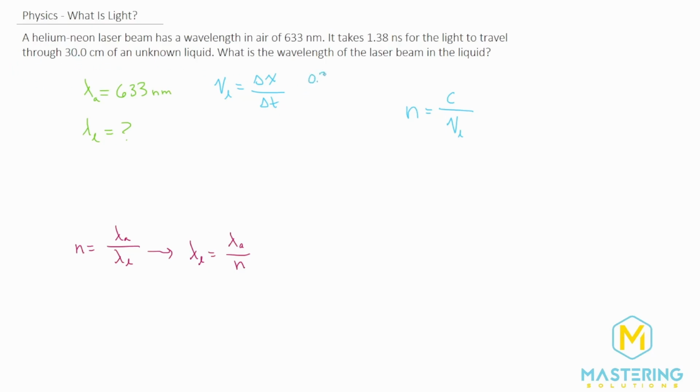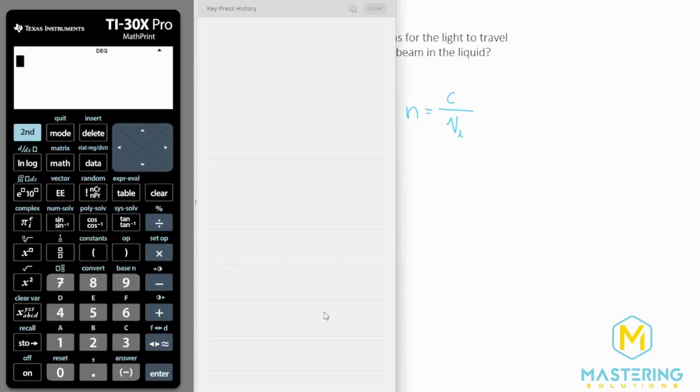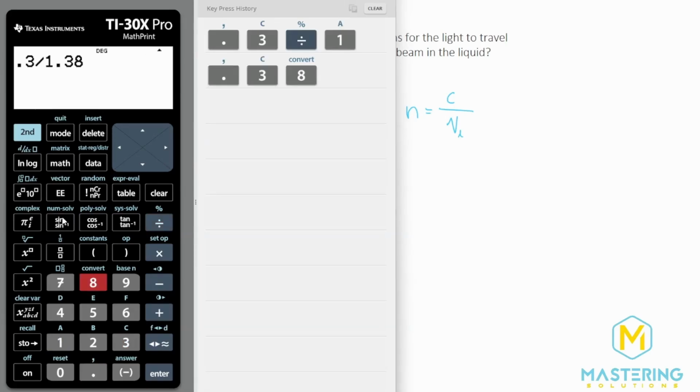So we have 0.3 meters, and they say it's 1.38 nanoseconds, so 1.38 times 10 to the negative 9 seconds. And that's how fast it was going through the liquid. So when we plug that in, we have 0.3 meters divided by 1.38 times 10 to the negative 9.